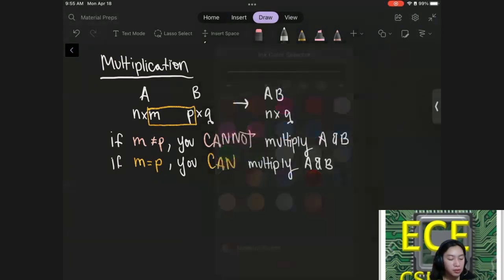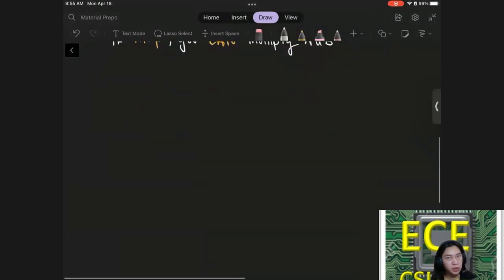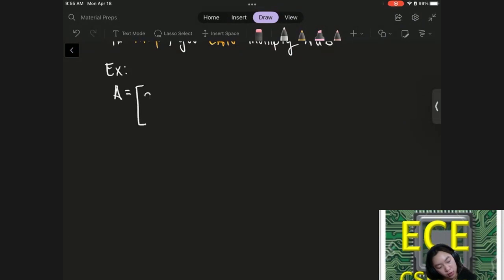So let's go through an example. I'm going to have A equal 2, 3, minus 1, minus 2. And then B is equal to 1, 1, 0, 0, 4, 6.